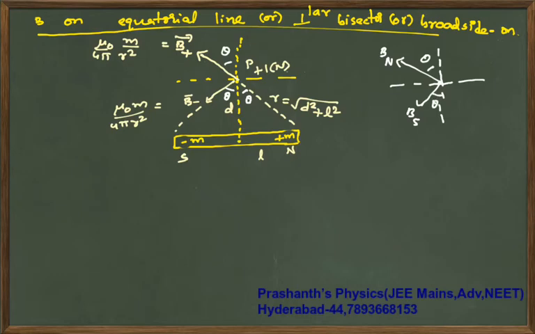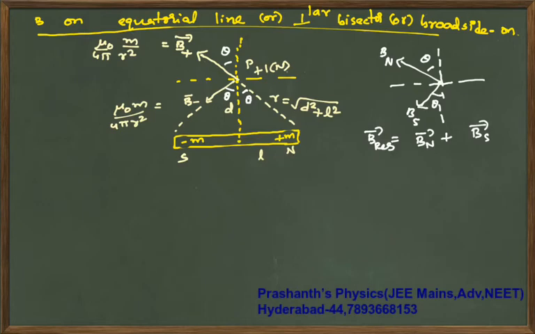Now if you write in terms of i cap and j cap and then add, vertical components will cancel off, only horizontal components will remain. So B resultant bar, actually you should write it in terms of north pole plus south pole, but anyhow, as I have discussed, vertical components will cancel off.